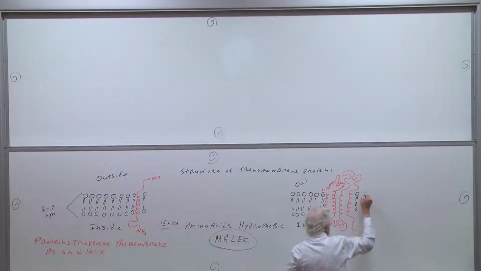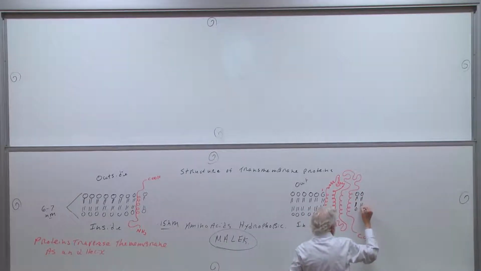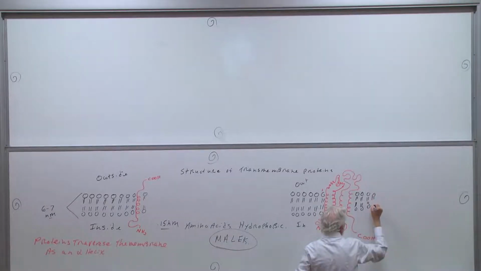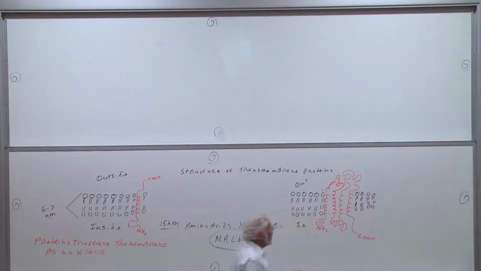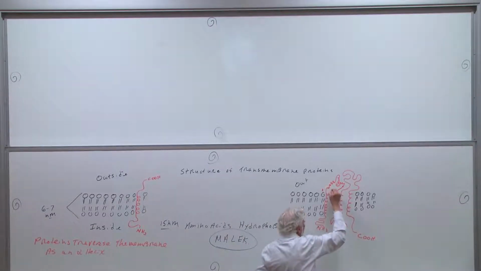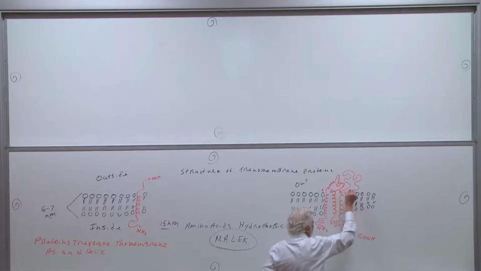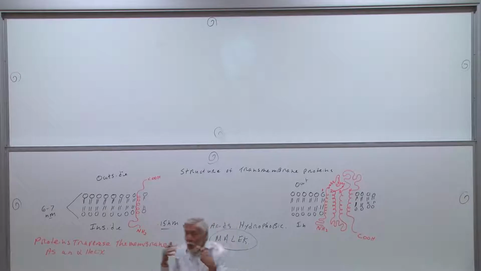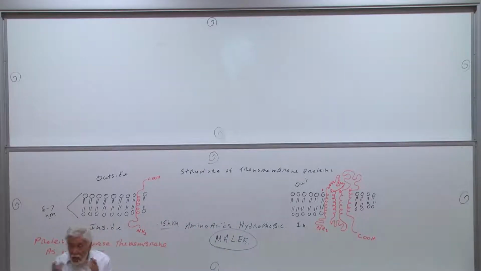Outside of this will be the phospholipid bilayer. I'm going to number these now as 1, 2, 3, and 4. I'm simply numbering them so we can keep track of those individual alpha helices.